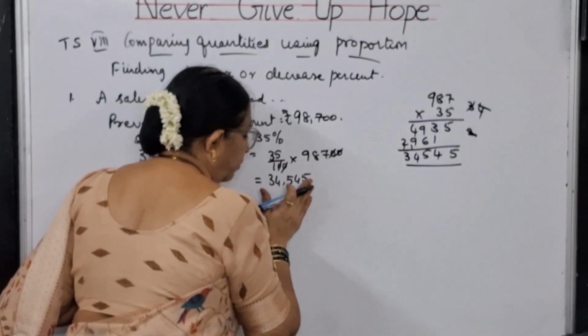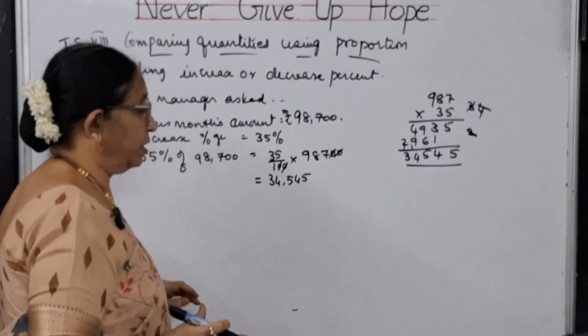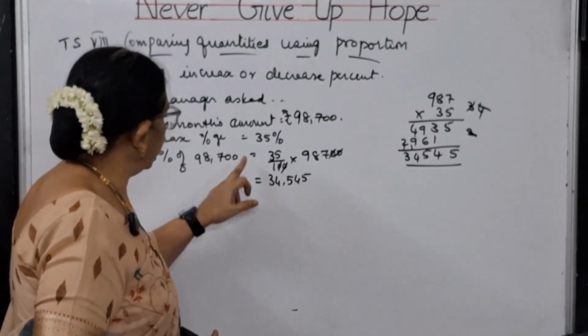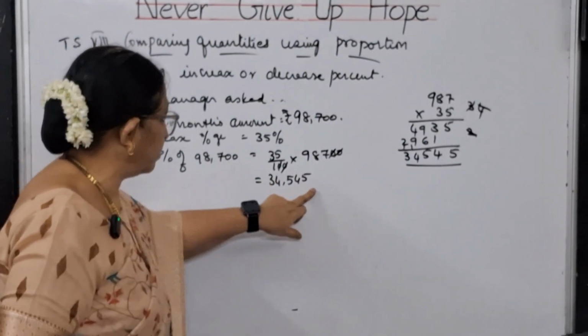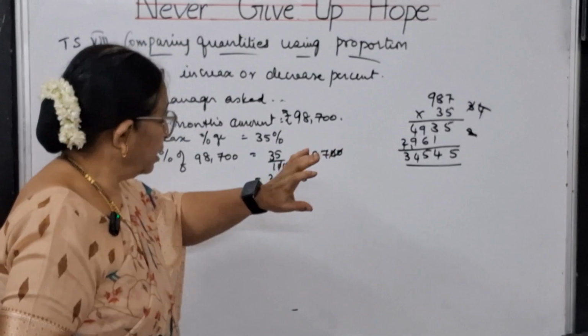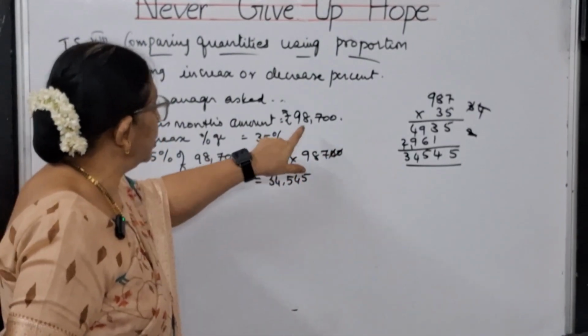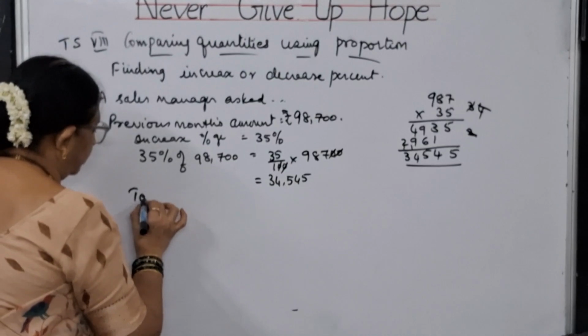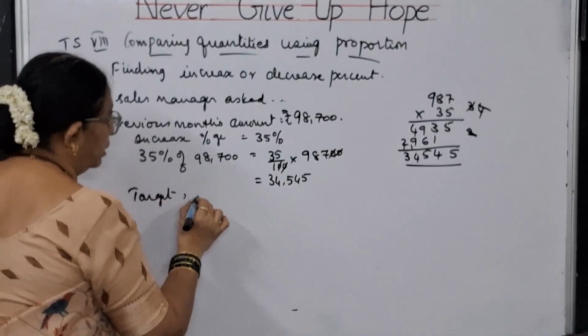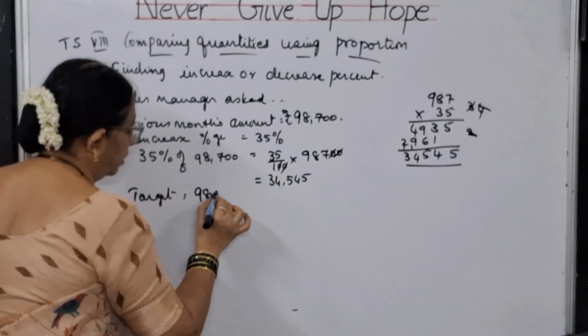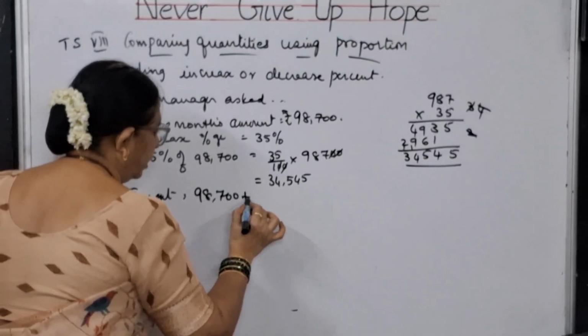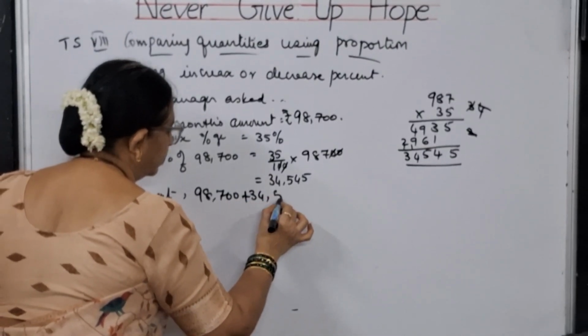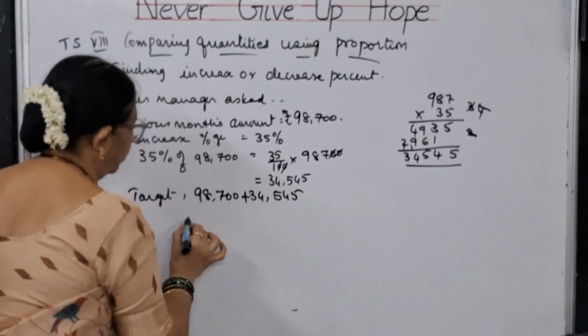This is 35% of what, children? 35% of 98,700 is this. Earlier sale is this. That means the manager is asking them to increase this by this. So what is the target for them? Target is 98,700 plus 34,545.